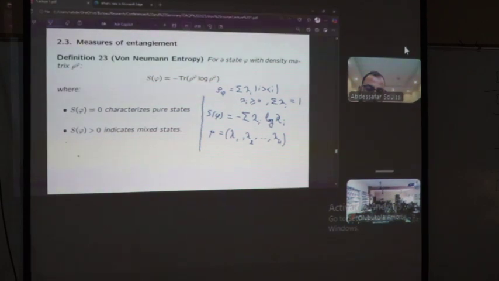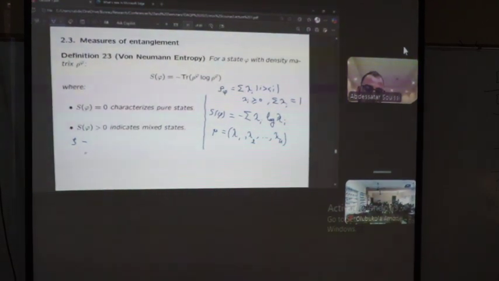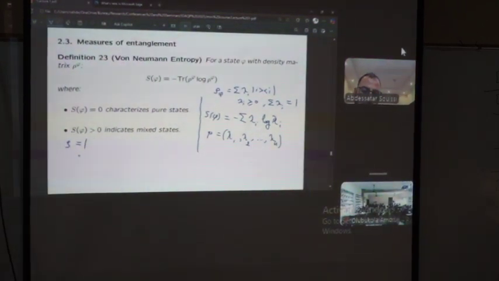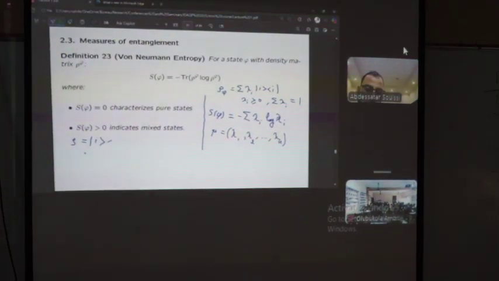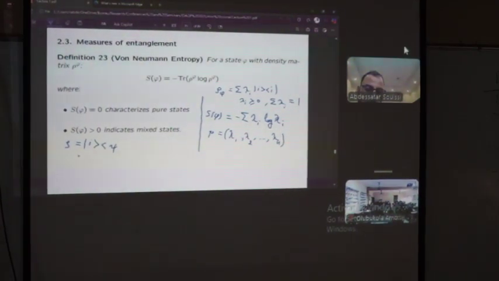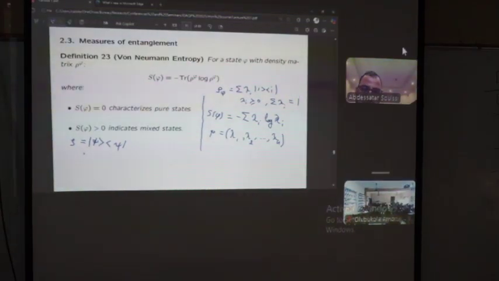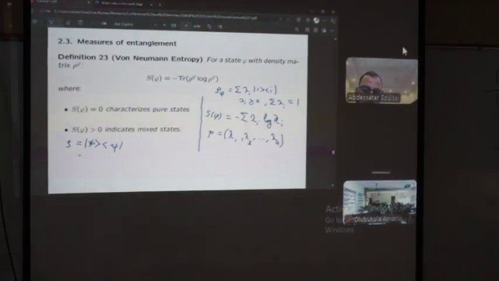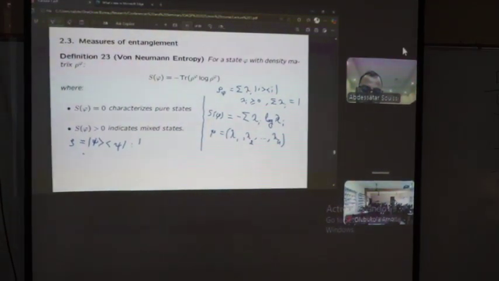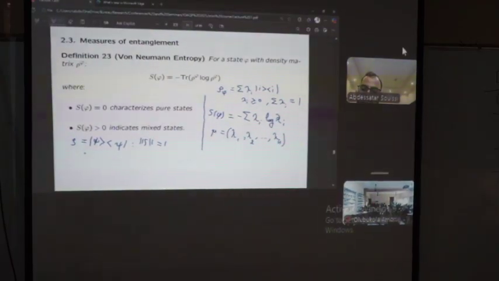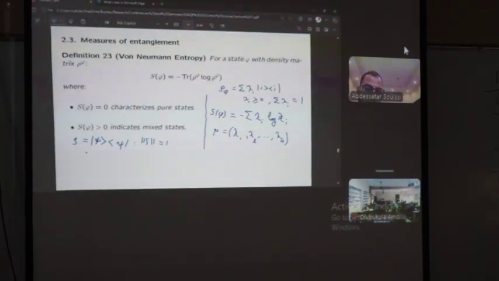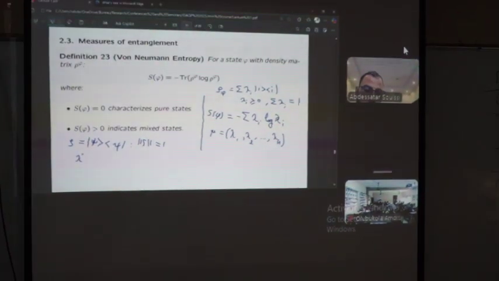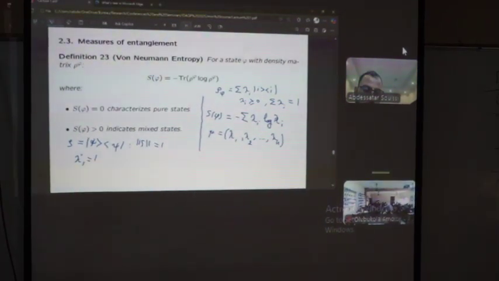Because you know, a pure state is simply a state having this form, psi psi bracket, where psi is a vector. Then, if we try to do this decomposition for rho, we get lambda 1 is 1 and the rest are 0.